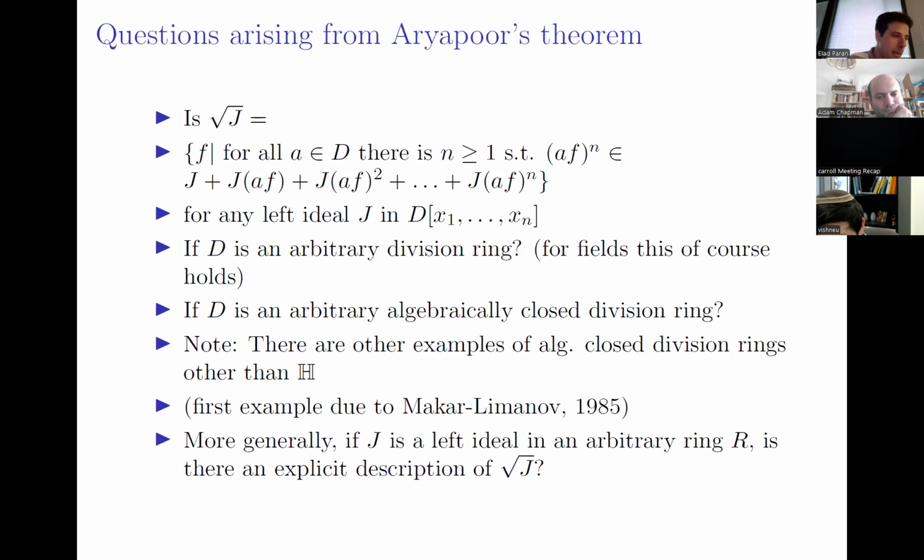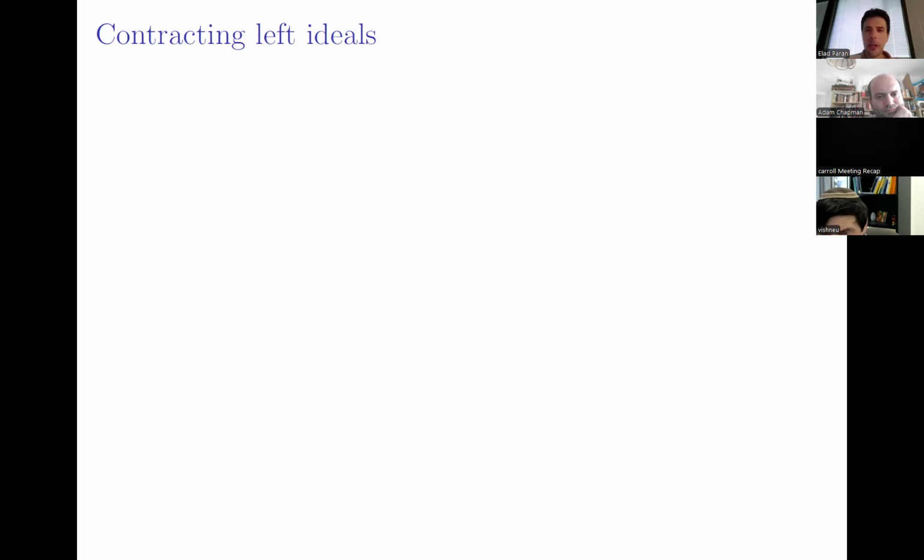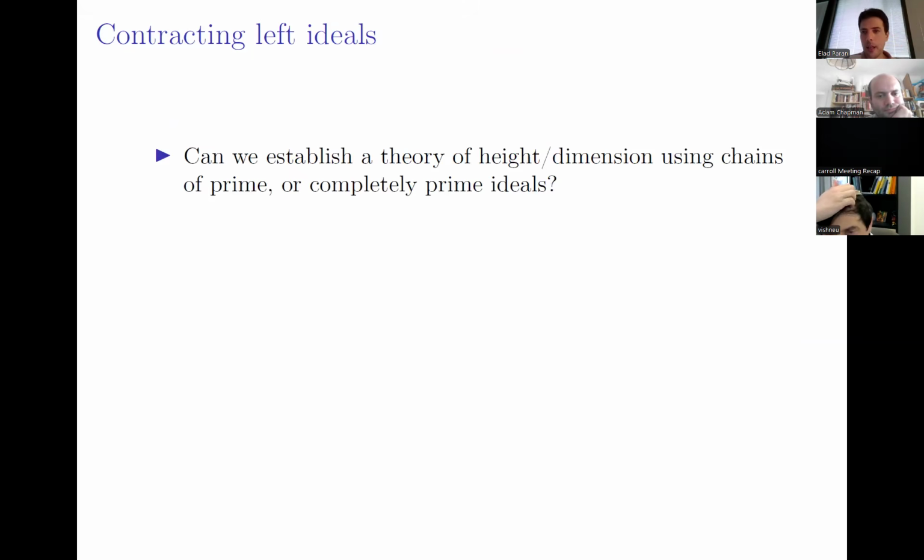Okay. So now, moving on, so we have this Nullstellensatz, we have this foundation, and you can start to ask yourself, can you develop algebraic geometry? So you can take this in many ways, but for example, can you develop a theory of height or dimension in this context? So in classical theory, you measure height in algebraic geometry using chains of prime ideals.